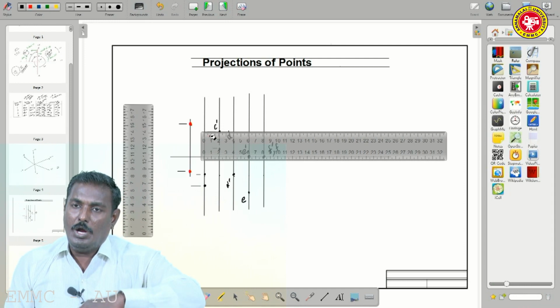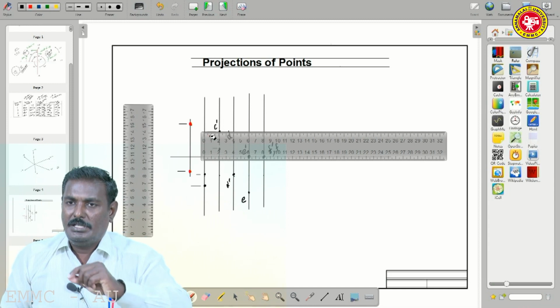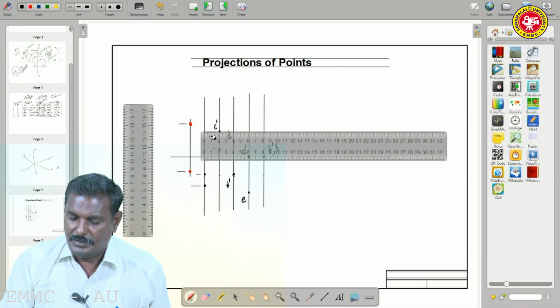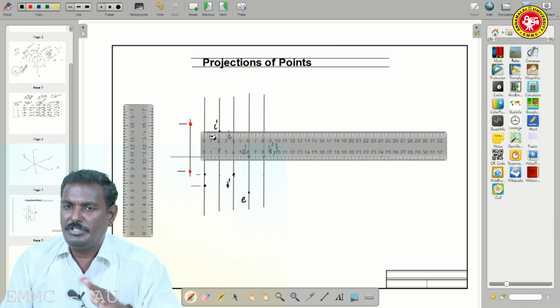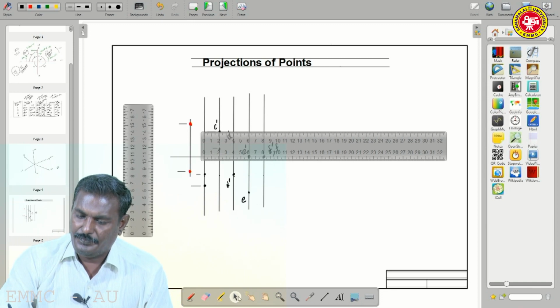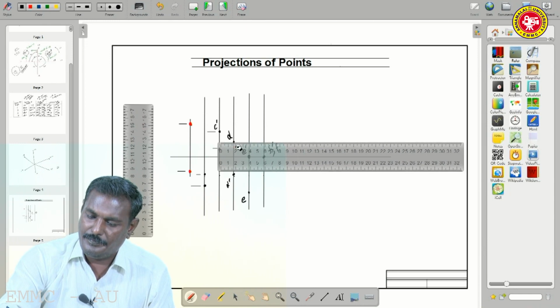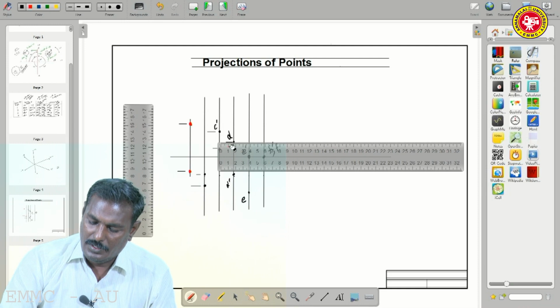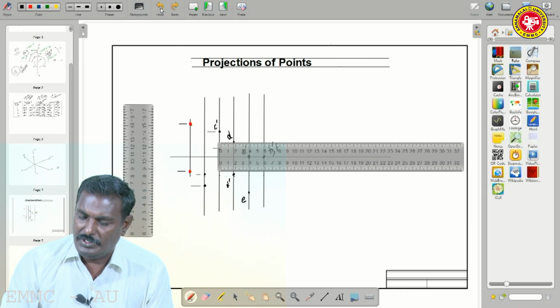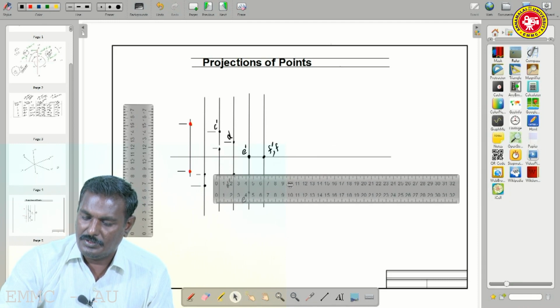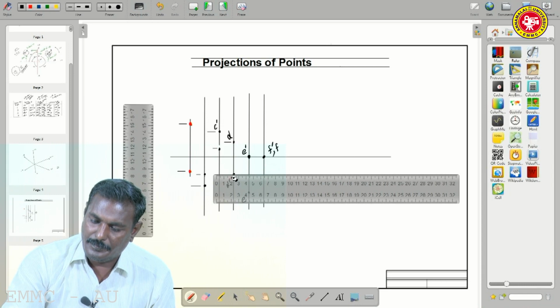Try to look at how we are producing this extension line. The extension line is important, it is perpendicular to the object for which you need to draw dimensions. Similarly here draw an extension line. You have to give some gaps between the objects. Draw extension line, here also draw extension line.